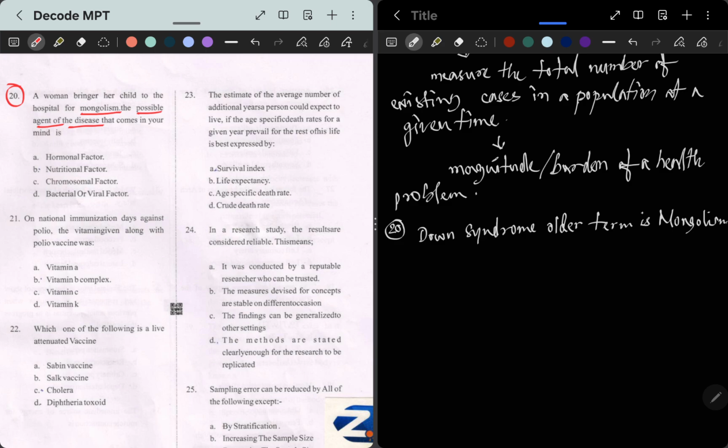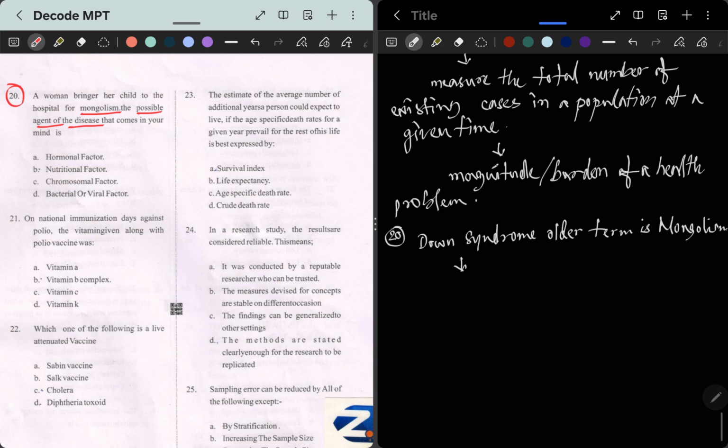Down syndrome occurred due to chromosomal fracture. So Mongolism is directed to chromosomal fracture. So the answer will be C, the chromosomal factor.